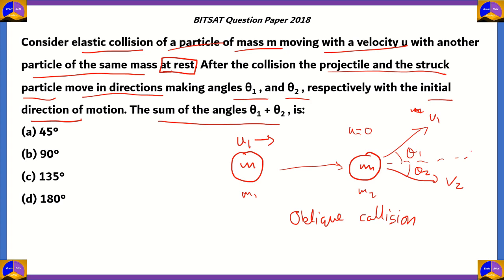So therefore, you would have the component of the velocity along the x-axis and also along the y-axis. So more on that when we solve this question. So let's start solving it. So this is a standard case of oblique collision.